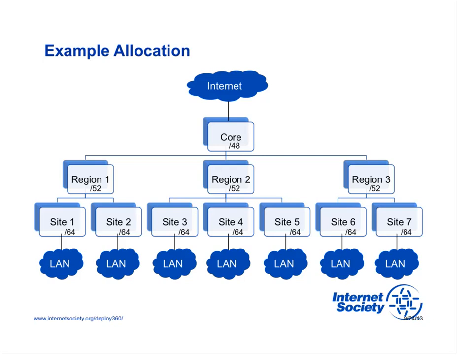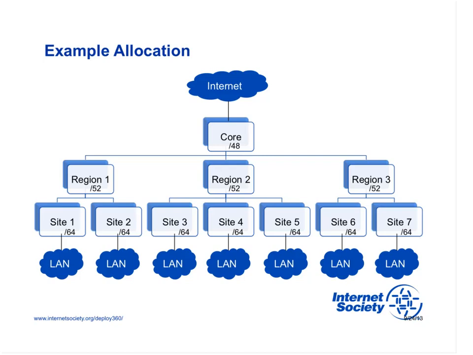Now, each of those /52s can then allocate space out to each of the site routers. So the router for region 1 allocates a /64 to the router for site 1, a /64 to the router for site 2, and a /64, and can go on from there.